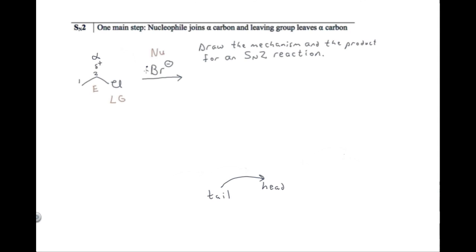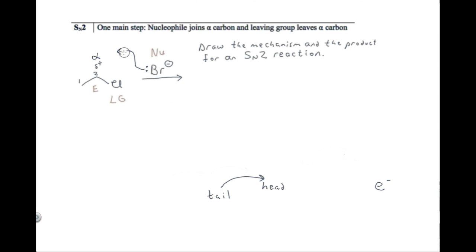Well, we know that a nucleophile should go at the tail of an electron-pushing arrow, because remember that a nucleophile is an electron donor. The nucleophile wants to donate electrons, so it goes at the tail of an electron-pushing arrow to show that the electrons will be moving away from the nucleophile. The electron-pushing arrow shows the direction of movement of the electrons. The electrons are going to move away from this nucleophile so that the nucleophile can donate electrons.